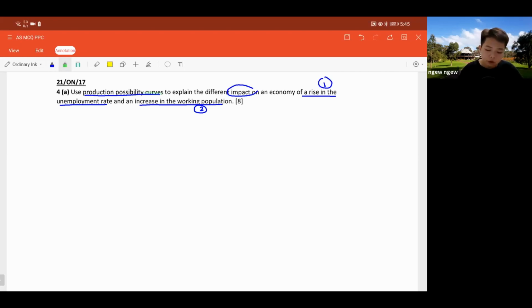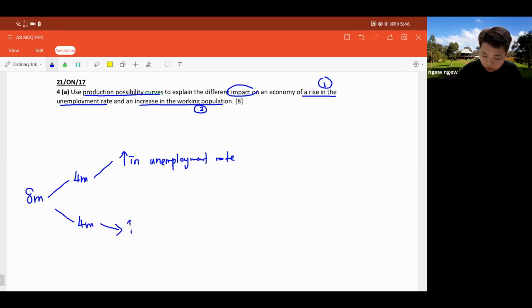And guys, usually for 8 marks essay, when you are given 2 different contexts here, rise in unemployment, increase in working population, you will expect 4 marks is given to rise in unemployment. And another 4 marks is given to increase in working population.